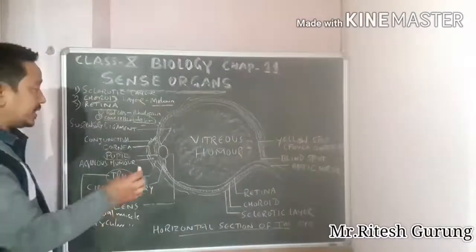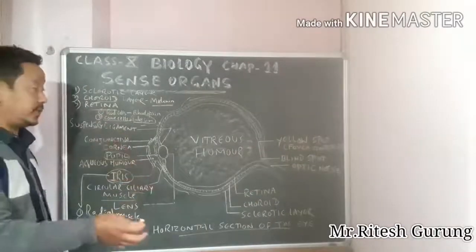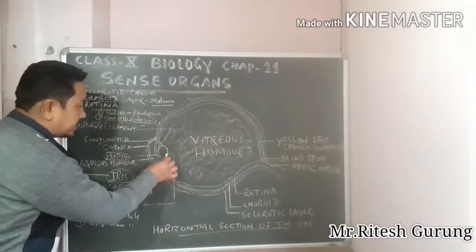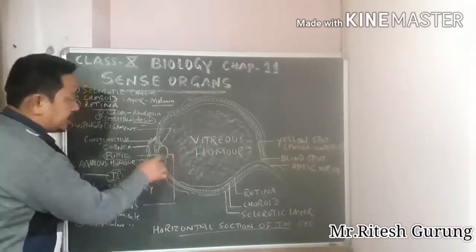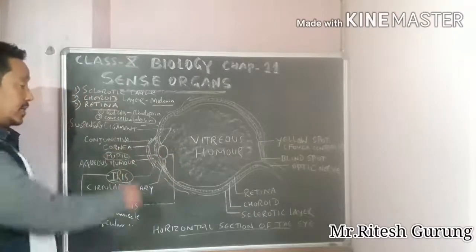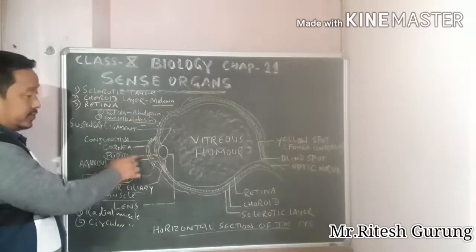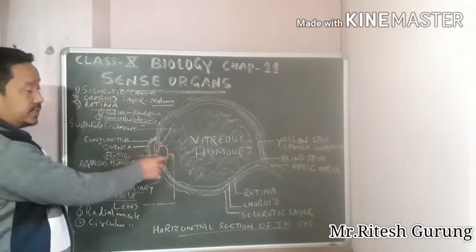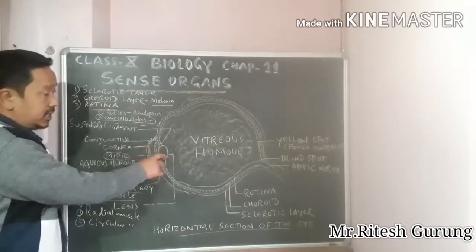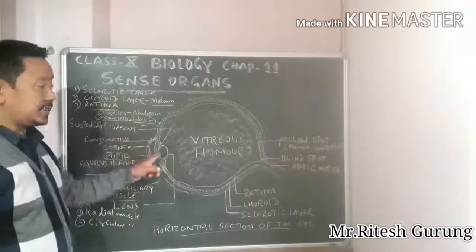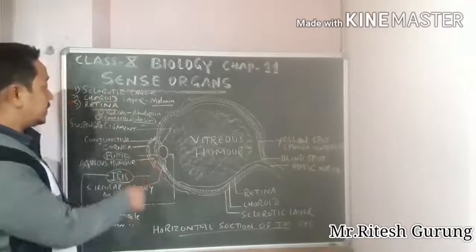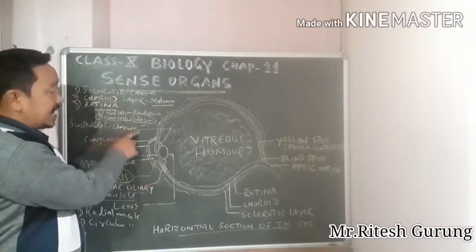Now we'll see another part of the eye. Here is the lens. The lens you find just behind the pupil, which I have already discussed. Just behind that there is a part called the lens. This lens is held in position by the suspensory ligament.